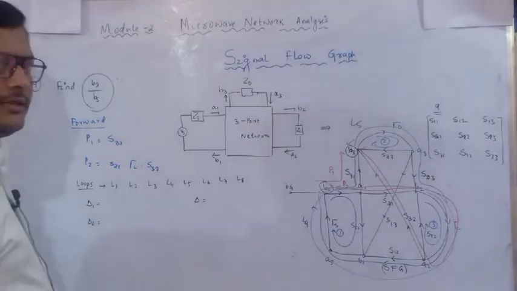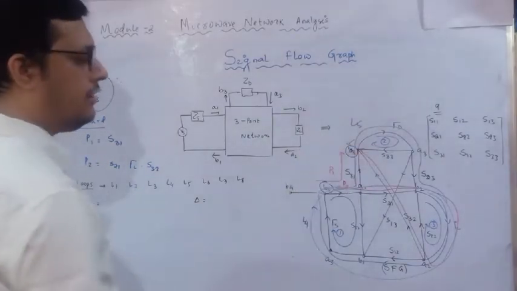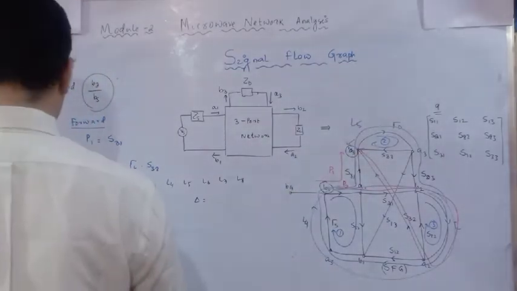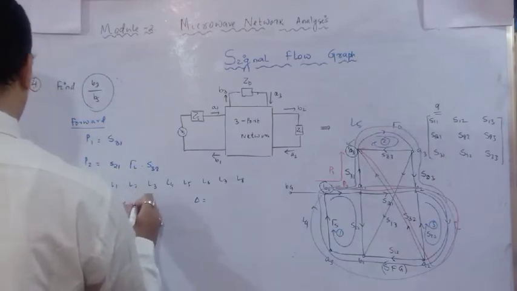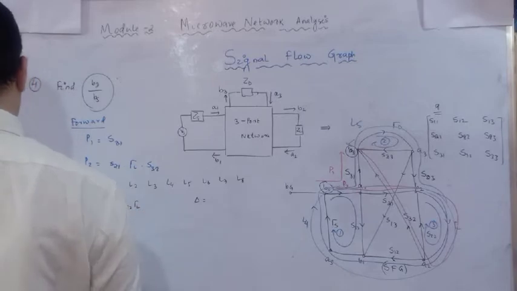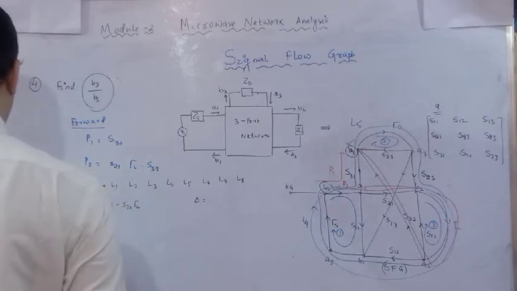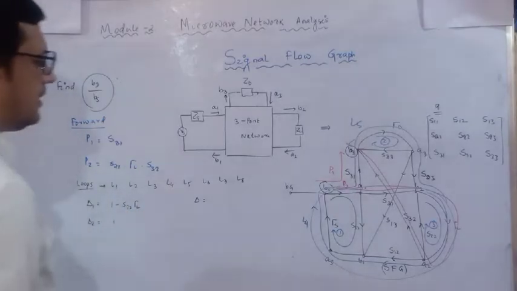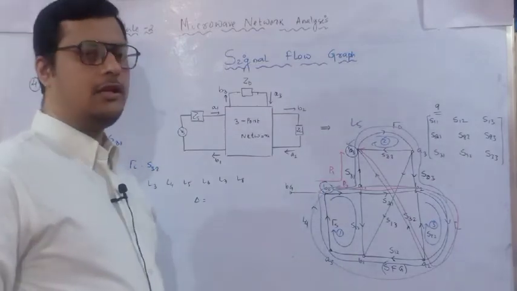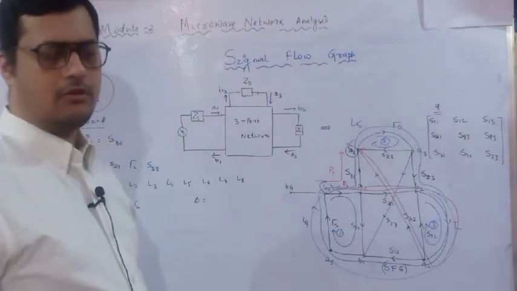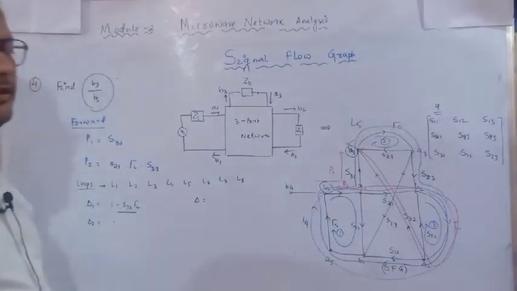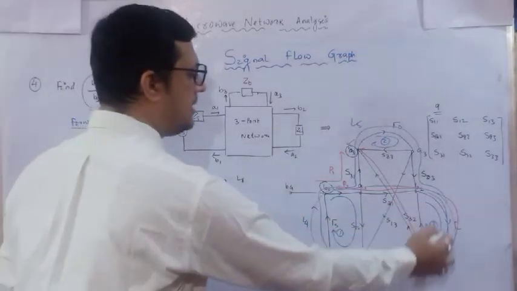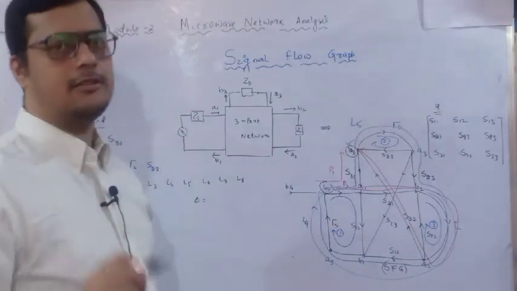Del 1 means, for path 1, the non-touching loop, that we have to see. So here I can write 1 minus S22 times the reflection coefficient of L. Del 2 is 1. Why? Because for path 2 all the loops touch, but for path 1 only this particular S22 into the reflection coefficient, this second loop, is a non-touching loop.